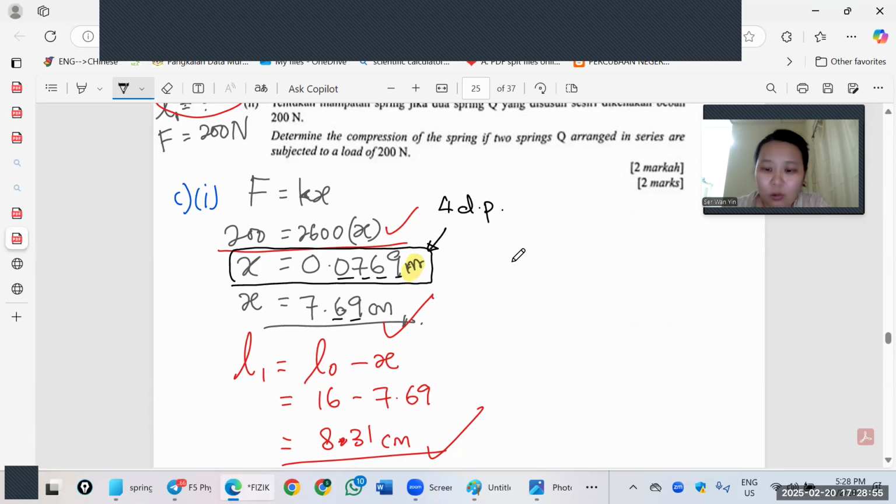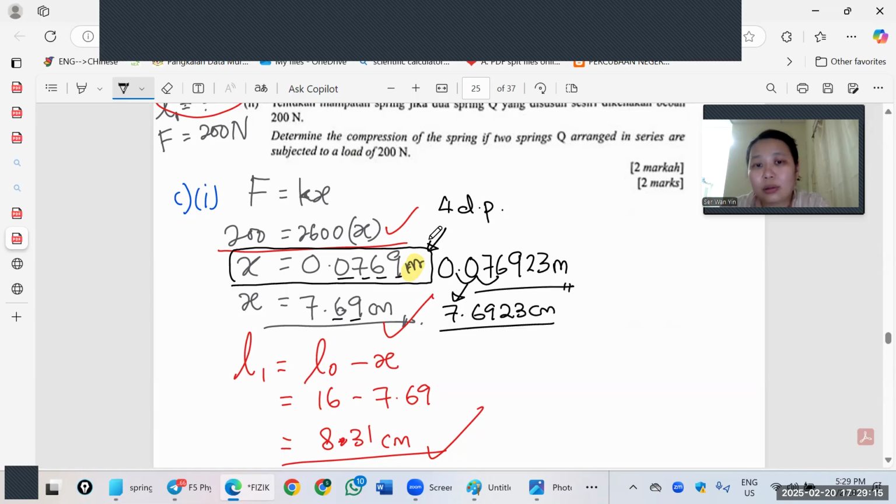Or the original number you take 0.076923 meter, then you change to 7.6923 cm.